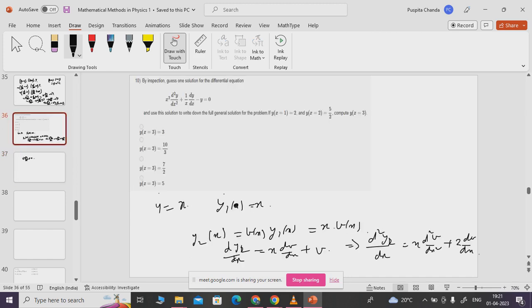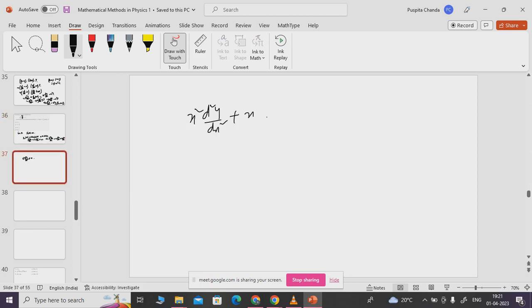First we know x square d2y dx square plus x. Okay, this equation is not 1 by x, it is x. That's why when you put y is equal to x, it's going to give 0.